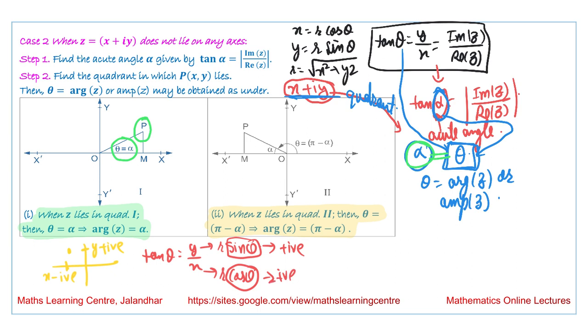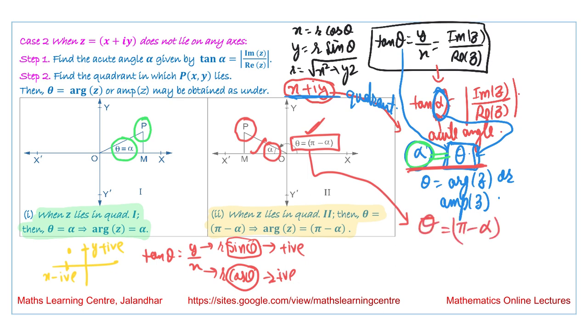So for this point P, theta will be given by pi minus alpha. This angle will be alpha over here, and this angle is theta. We have to find the relation between theta and alpha, and in this case the relation is theta is equal to pi minus alpha.